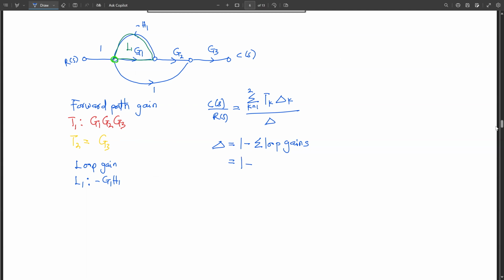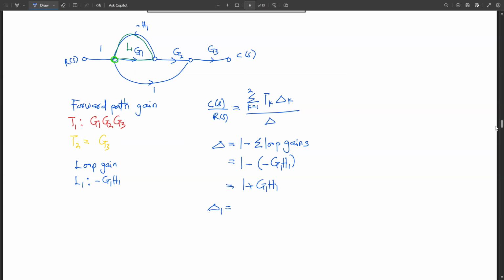So we can simply put in our formula. The summation of the loop gains, since you have only one, is going to be minus G1 H1. So delta is 1 plus G1 H1. This is what we get. And the next thing to find is our delta sub k. Now, the reason why I didn't want to add a formula for this in the introductory part is because delta sub k is simply what is left after you eliminate all the loops touching that path.